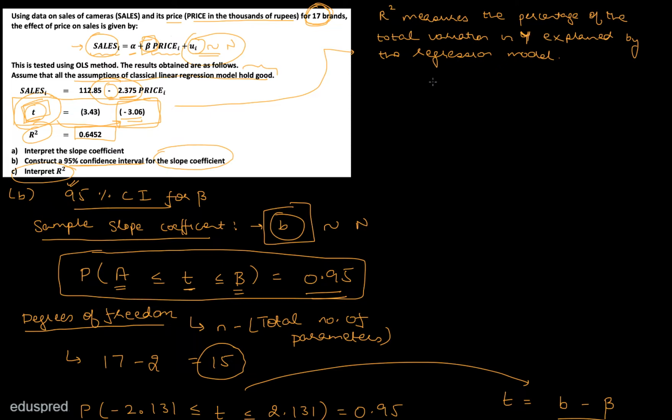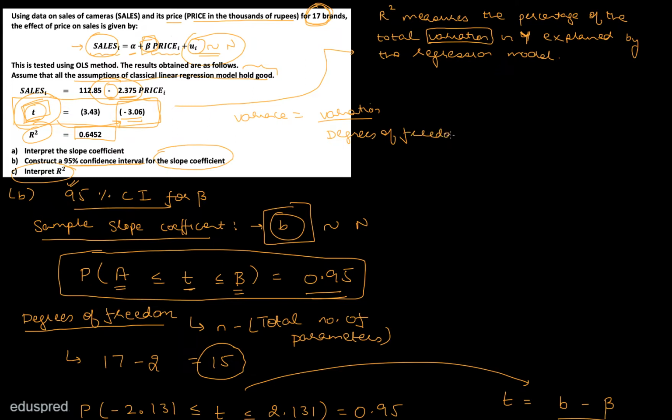Before I interpret the r square for this specific question, note that I have written total variation over here and not variance. There is a difference between variance and variation. Basically, variance is equal to variation divided by degrees of freedom.